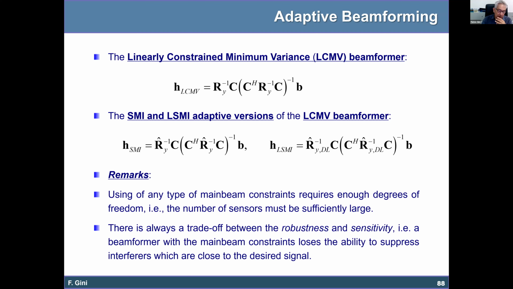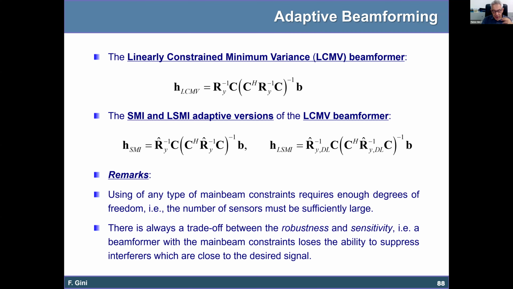So there is always this trade-off between robustness and sensitivity, in the sense that the more constraints you try to impose on the main lobe, the fewer degrees of freedom you have available that should be used to suppress the interference.